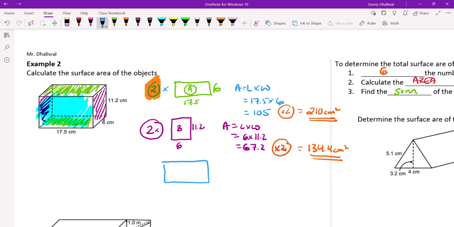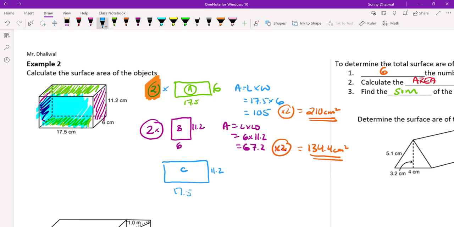So looking at the front. Ileana? Yeah. So 17.5 here, and then we're looking for this side. Ileana's right. It's the same as this distance over here, which is 11.2. Okay, and we'll call this side C.